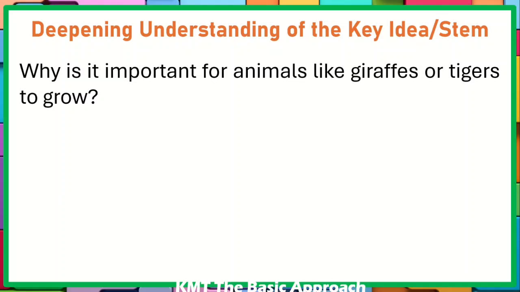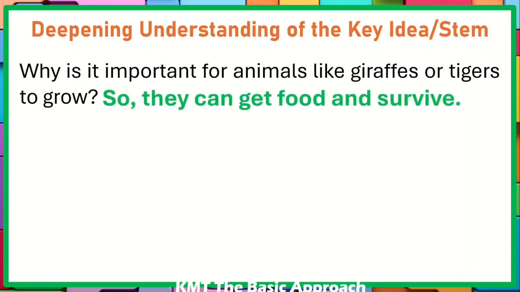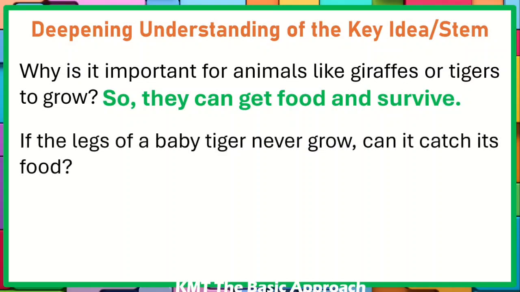Why is it important for animals like giraffes or tigers to grow? Amazing! So, they can get food and survive. If the legs of a baby tiger never grow, can it catch its food?